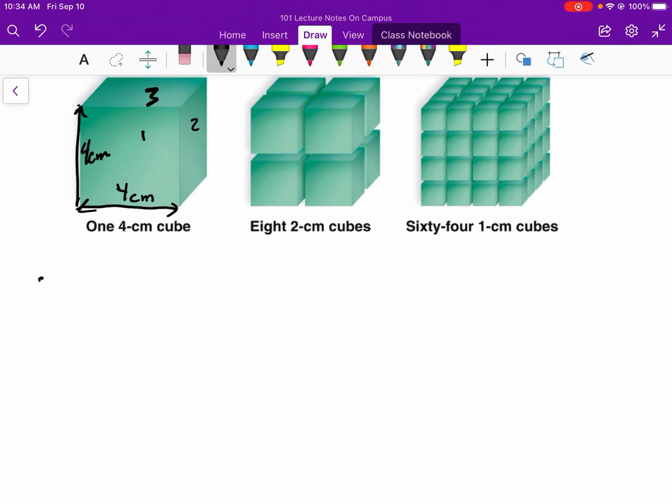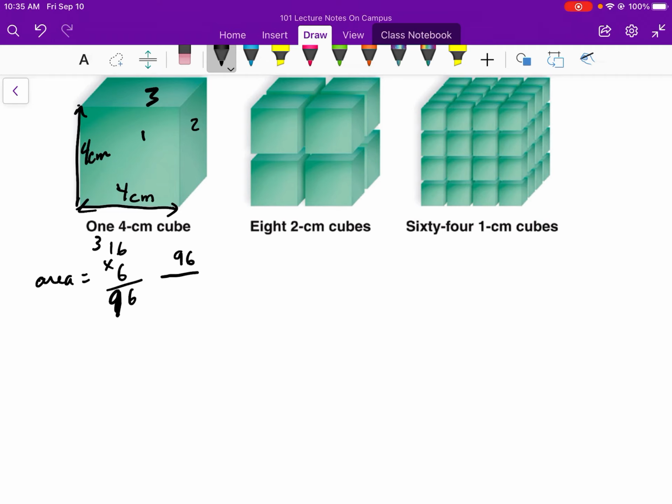So the surface area is equal to 6 times 16. 6 times 6 is 36, 6 times 1 is 6, 96, okay? Carry the 3 there. I forgot to carry the 3. That's a 96 for the surface area.